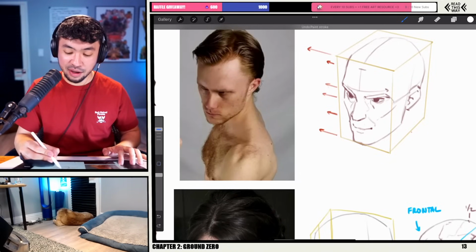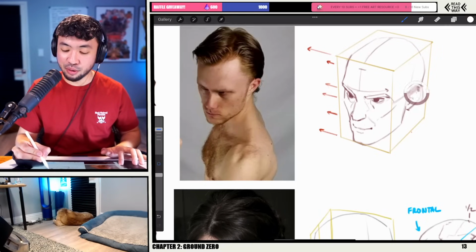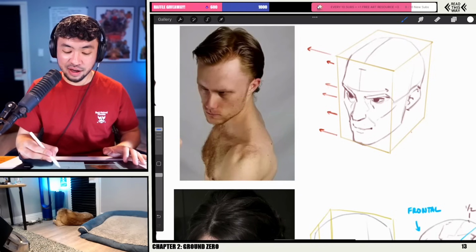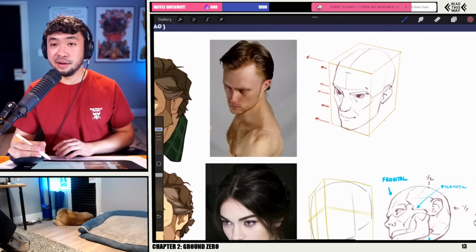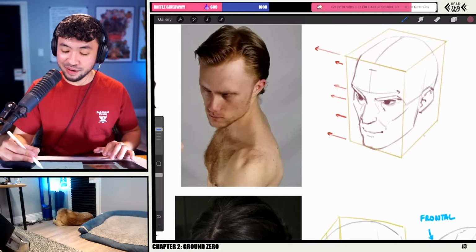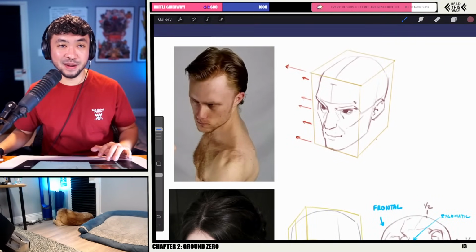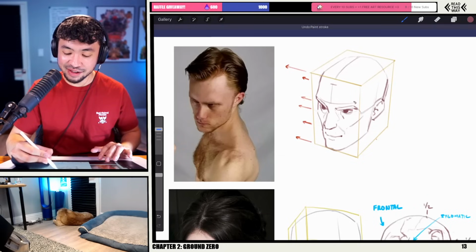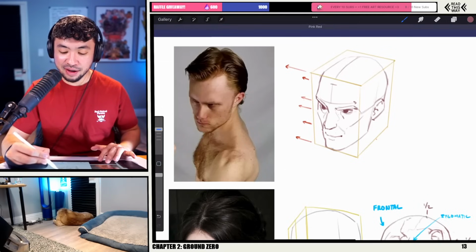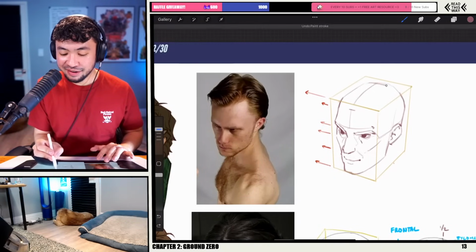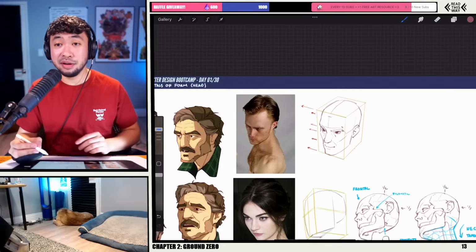Sometimes people wonder, they're like, man, I want to draw and I want to do this, but I feel like I've got no energy. And I was like, maybe it's because your energy's pointed in the wrong direction. Maybe you're spending a little too much time on TikTok and Instagram and all that stuff. By the time you want to draw, you've got no energy. Your dopamine has already been hit.